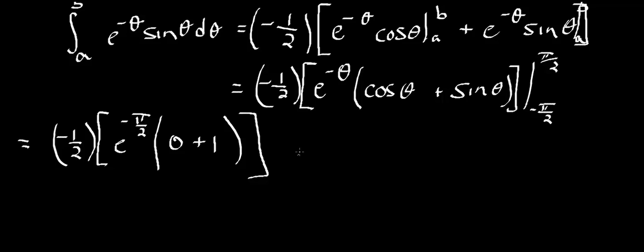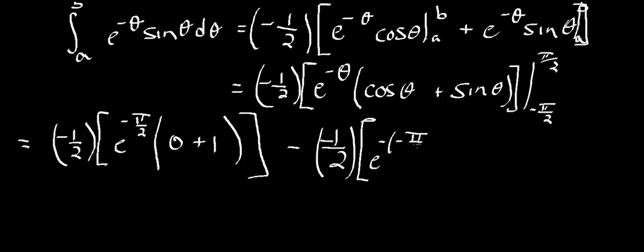And then you subtract off from that the other evaluation. This is minus negative 1/2 times, well, now you're going to evaluate this at negative pi over 2. So this is e to the minus pi over 2, multiplied times cosine of negative pi over 2, which is still 0, plus sine of negative pi over 2, that's 0, and then minus 1.